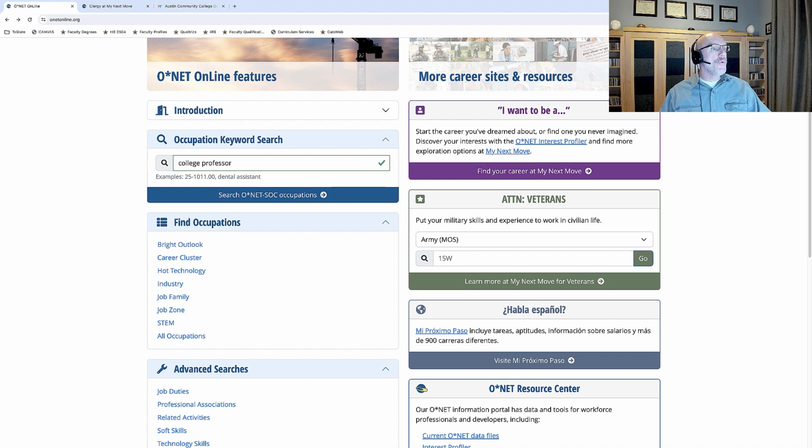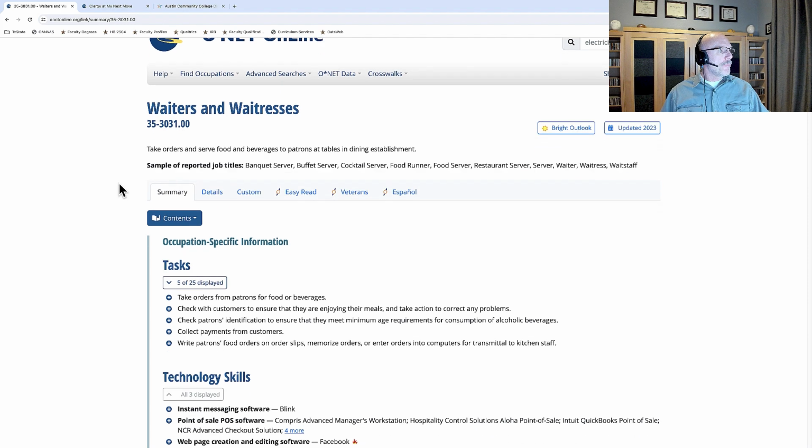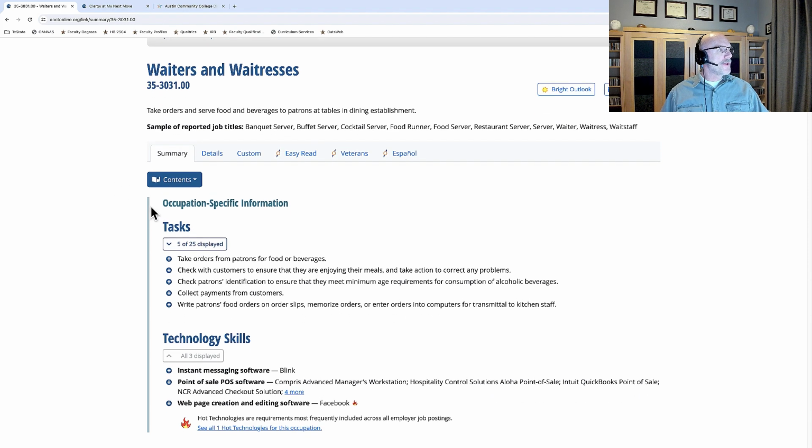Here we have the O*NET website. There is a plethora of valuable information both for job analysts, business owners, and job seekers. Let's take a look at, say, the job of waiter. When we put that into the occupation keyword search box, we come up with a long list of occupation-specific information.